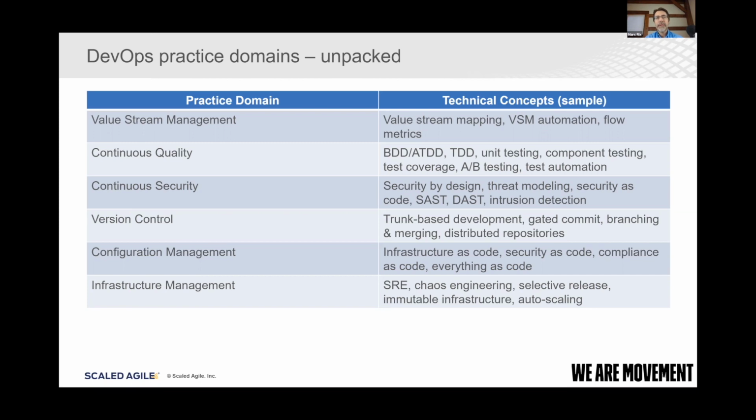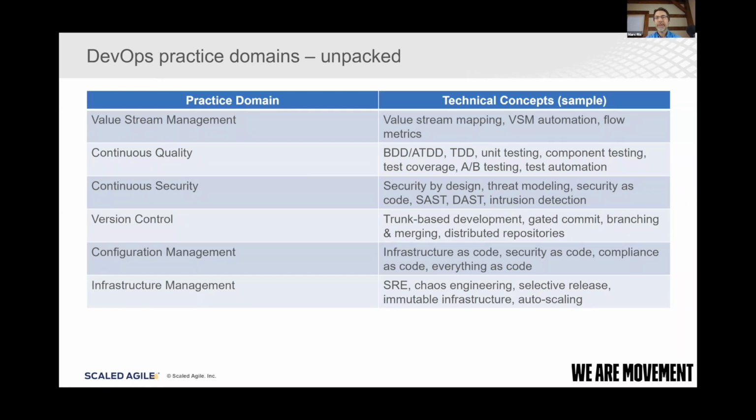These practice domains are a way to compartmentalize or contain those technical practices and tools so that we can keep sense of them and make sure that they're in the right buckets. Infrastructure as code, security as code, compliance as code, the everything-as-code concept.